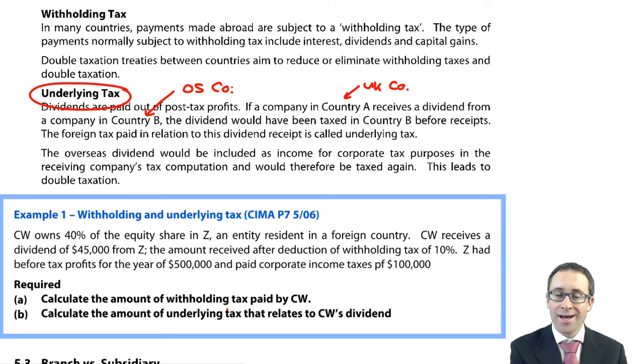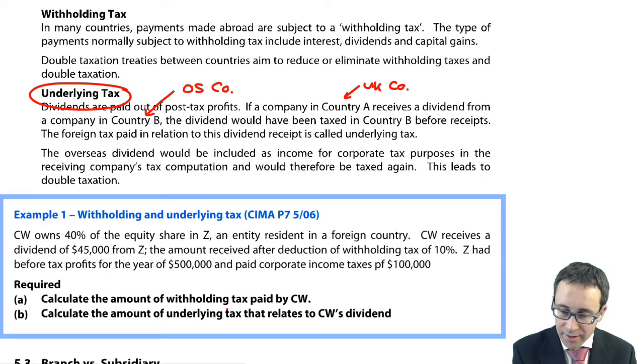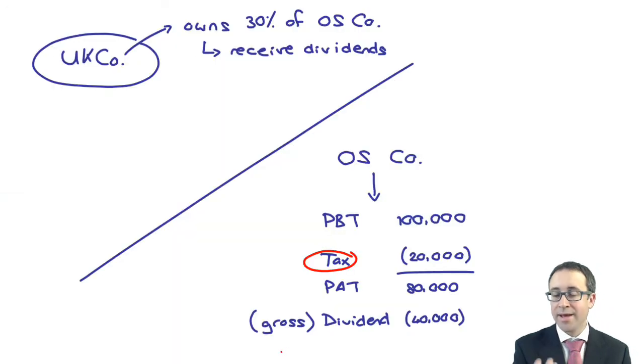Okay, that tax is the underlying tax, isn't it? So we've paid tax of 20,000. The underlying tax on that dividend is 10,000, isn't it? It's because you've had tax of 20. The dividend you paid out was half of the profits, so you want half of the tax.